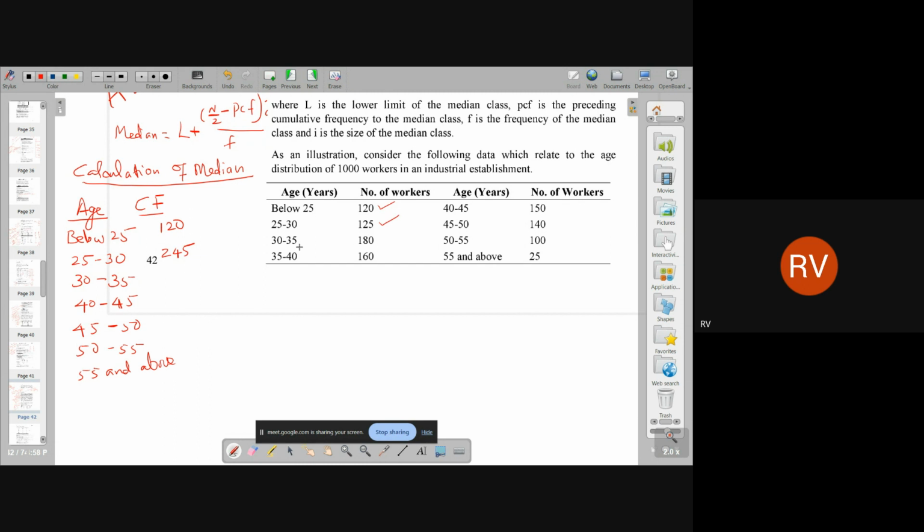Then 245 plus 180 is 425. Then plus 160, that is 585. Then plus 150, that is 735.